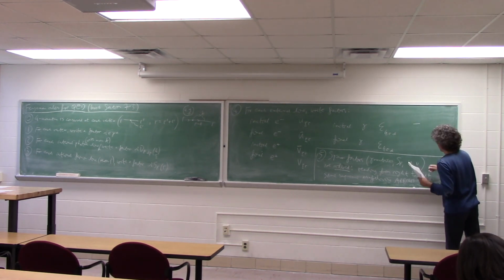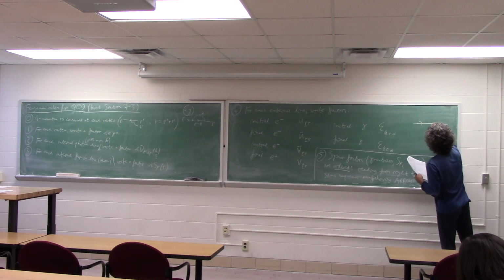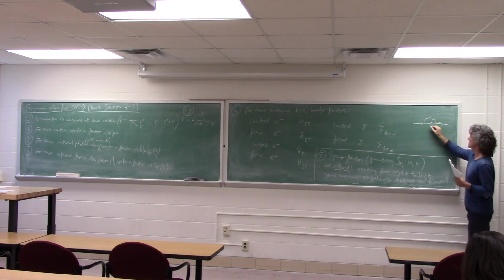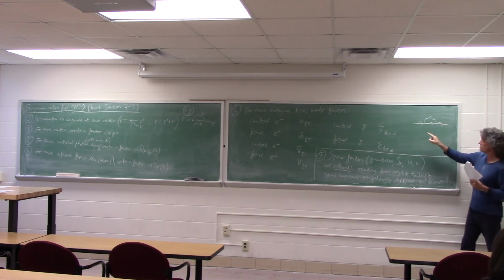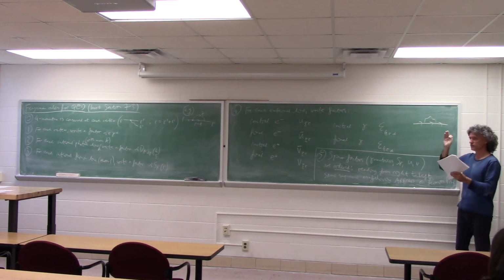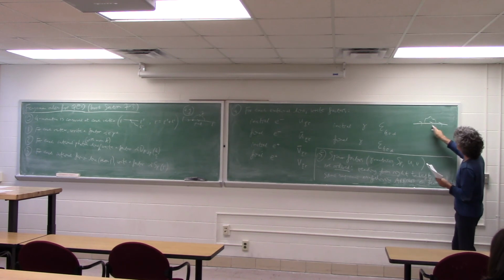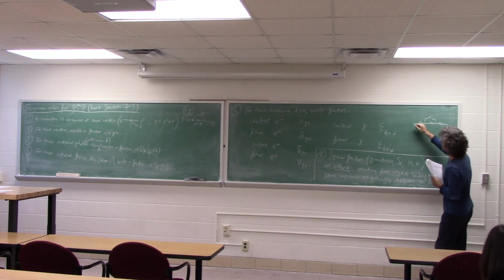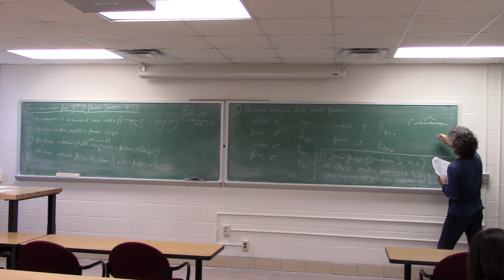So if I have something like this, when I write down these factors, I write them from right to left, but I follow the direction of the arrows. So if it's an electron, the arrows go this way.